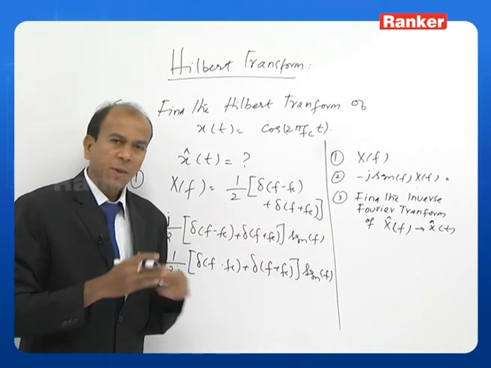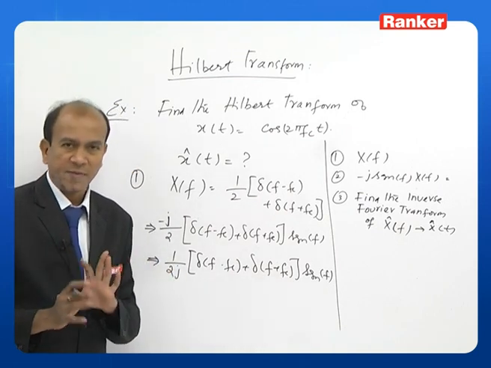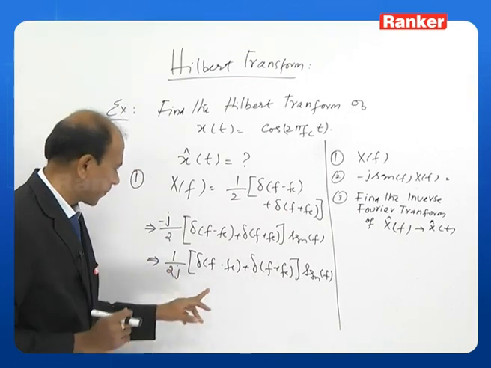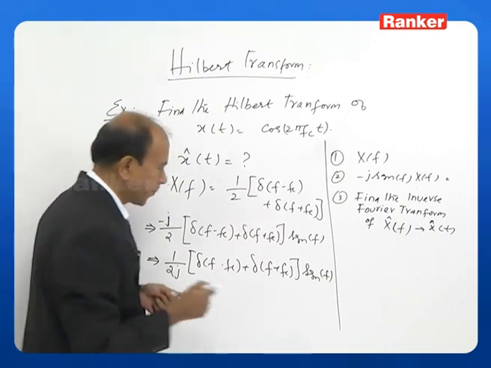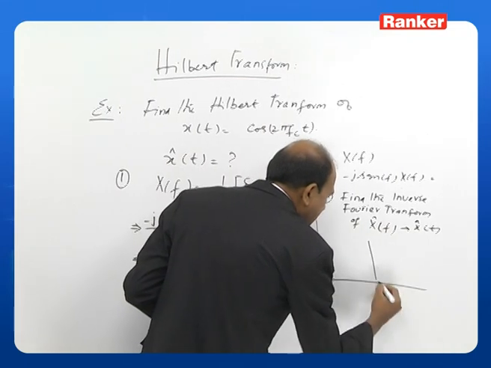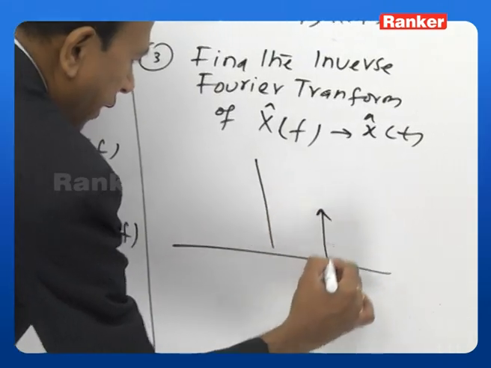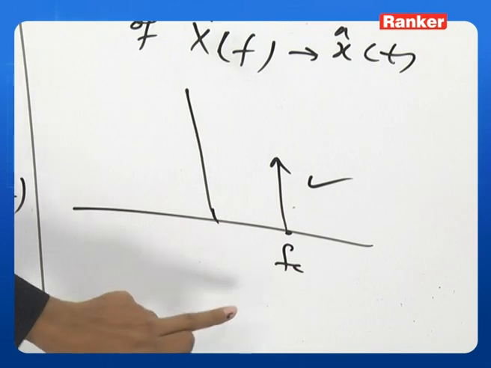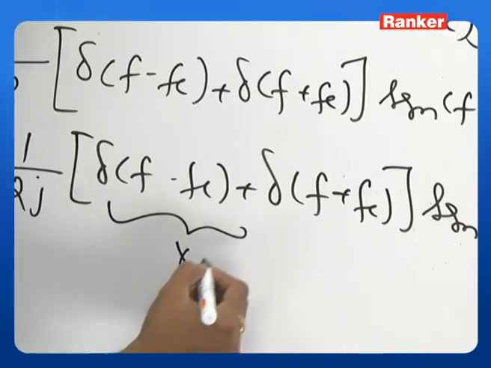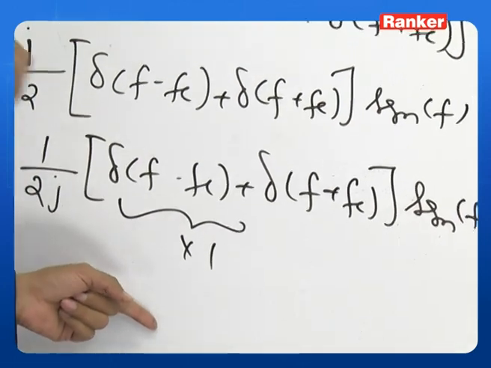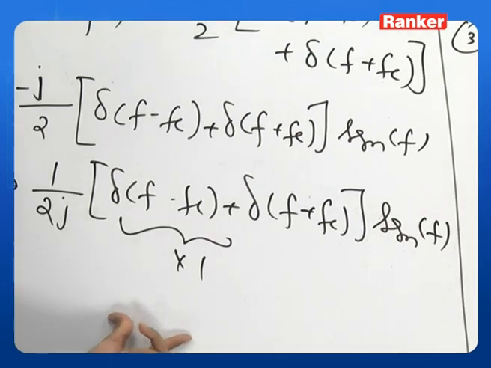Now, when I multiply with signum of f, we should know what are the frequency components, whether it is positive frequency or negative frequency. So, this is a delta function which is existing at f is equal to fc, that is, this function is here. This has to be multiplied by a factor 1, because signum of f is 1 for all positive frequencies. So, I will get a 1 here.